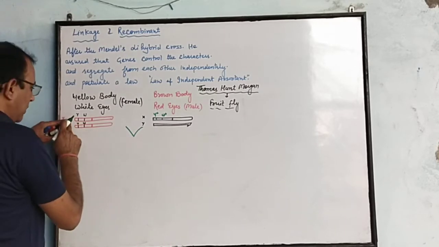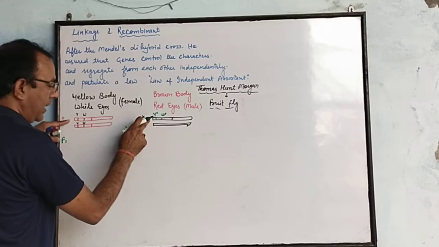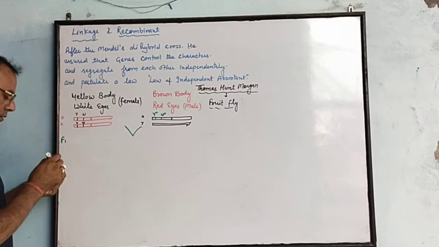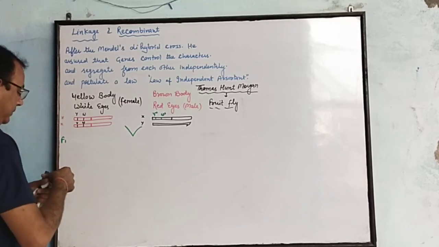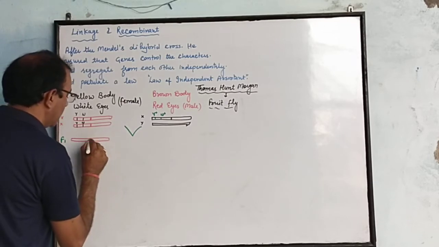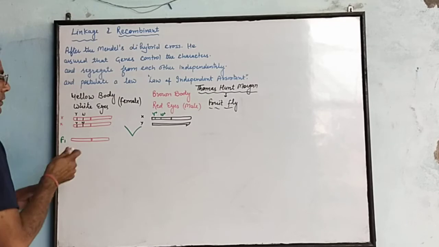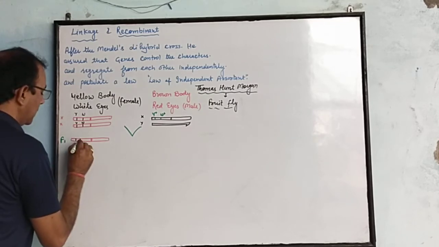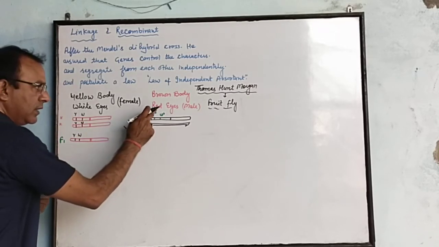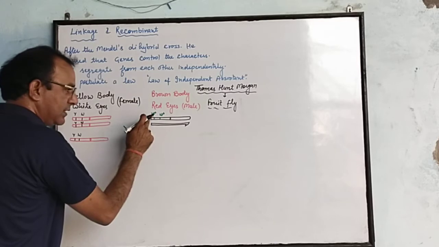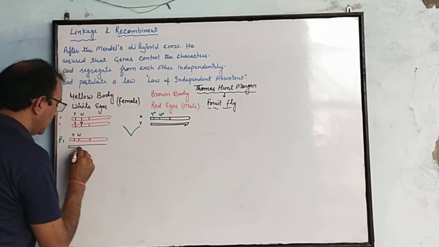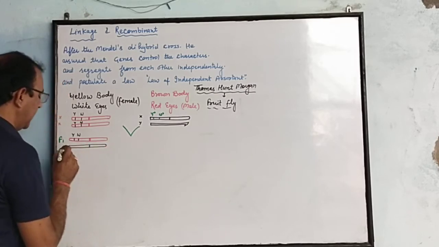Suppose the X chromosome of the female crosses with the X chromosome of the male. One X is from the parental female, carrying Y and W, and one X is from the brown body, red eyes male, carrying Y plus and W plus.